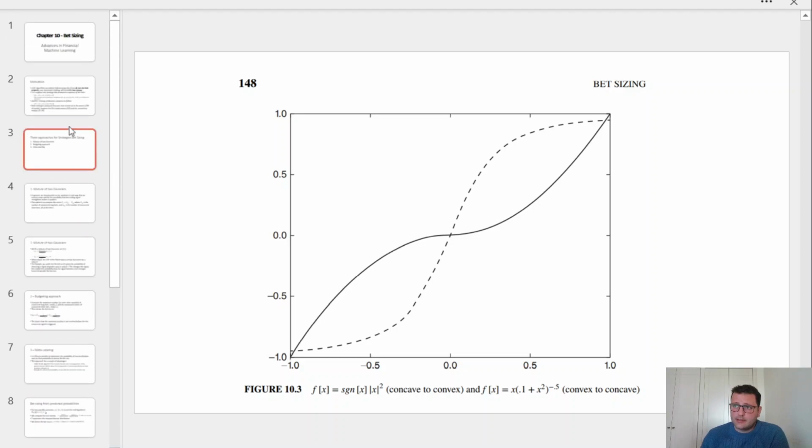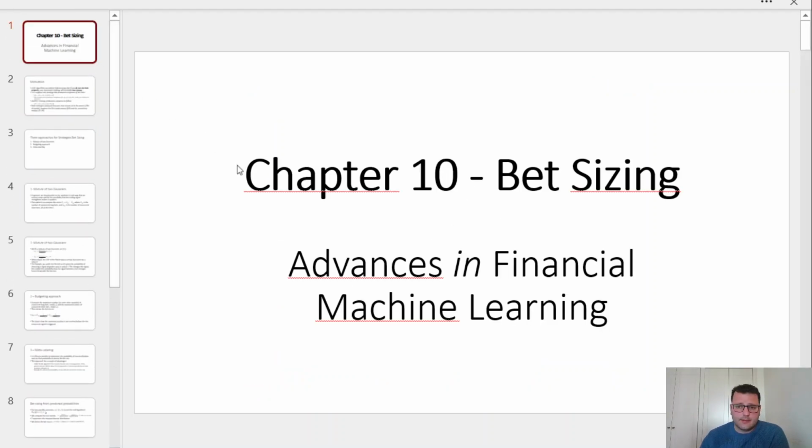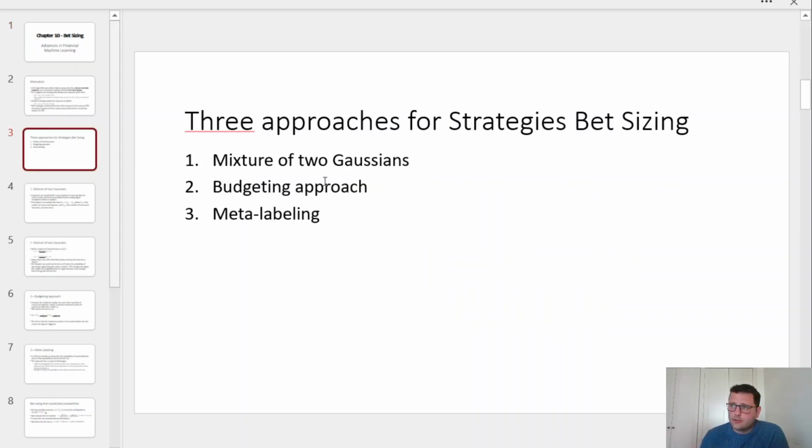So this is chapter 10. We have here some exercises and some more detailed examples. This is just a little bit of review of this chapter that brings us those three methods to calibrate our bet size.